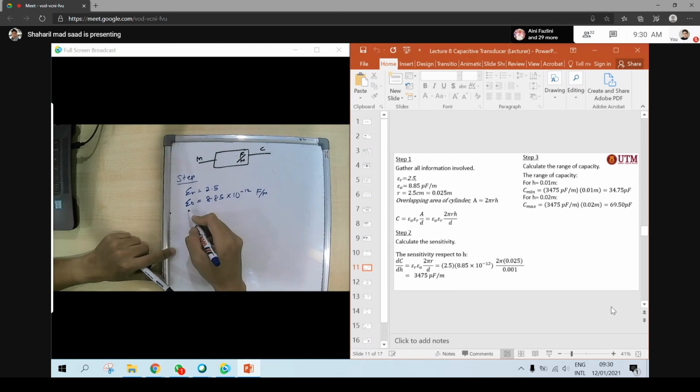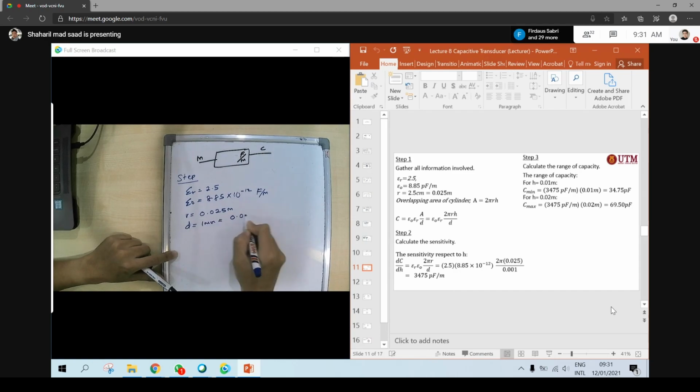The radius of the cylinder is 2.5 centimeters, which we convert into meters here. The distance between the two cylinders is 1 millimeter, so this will be 0.001 meter.